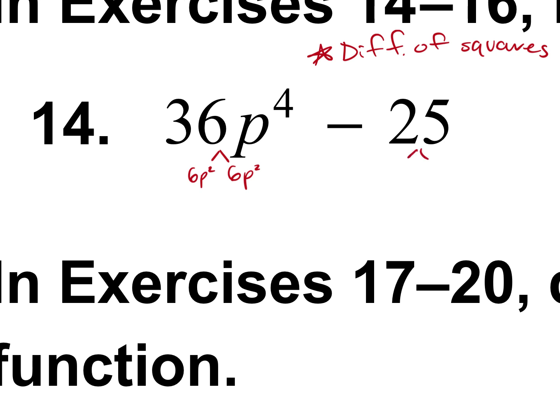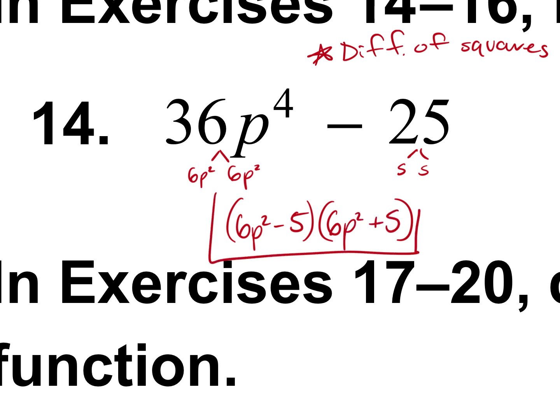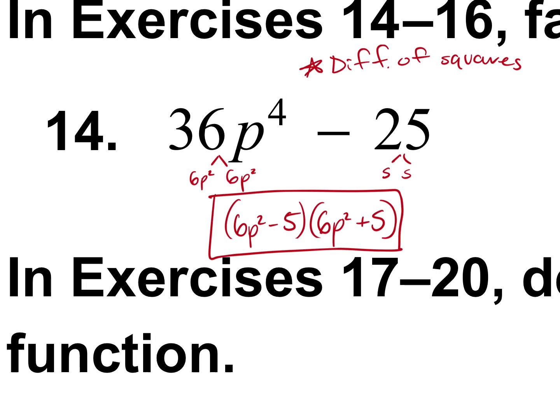What are my 2 factors of 25? 5 and 5. So what goes into the parentheses? 6p squared minus 5 and 6p squared plus 5. Does the order matter? No. Just as long as one of them is a plus and one's a minus. Can I factor this anymore? No. We're done here. We're good with this one.